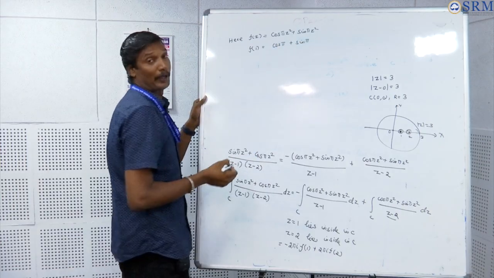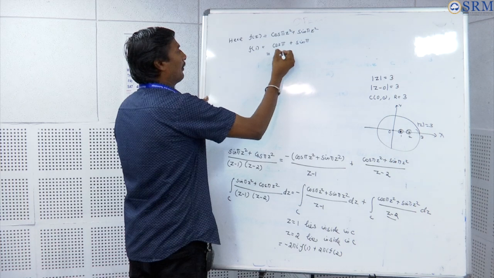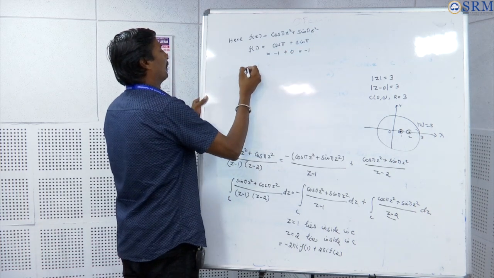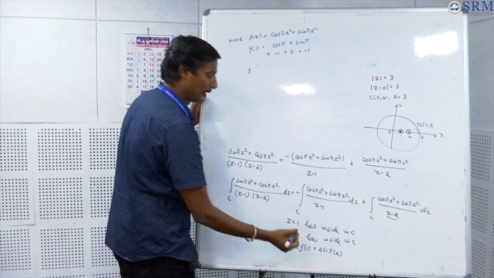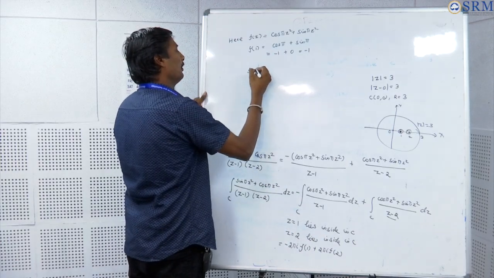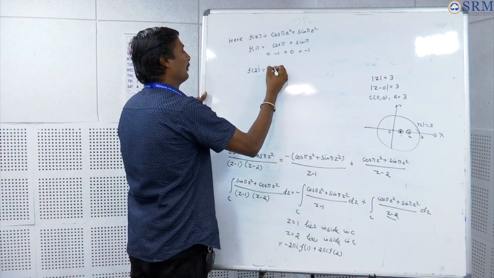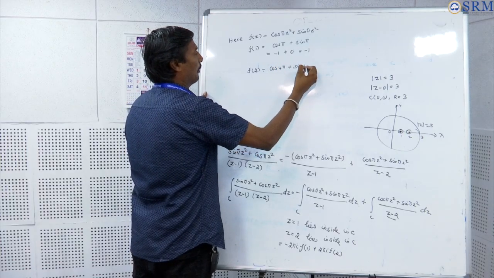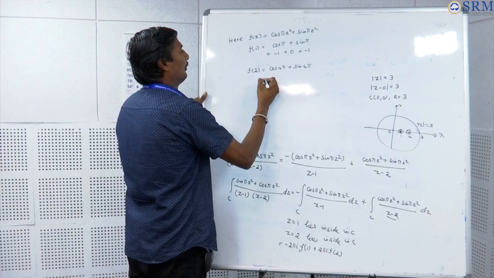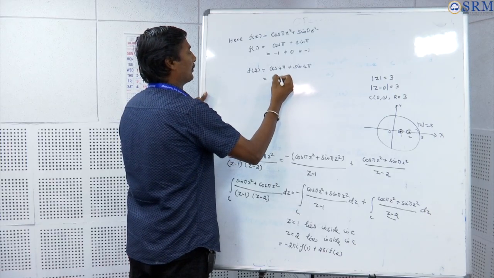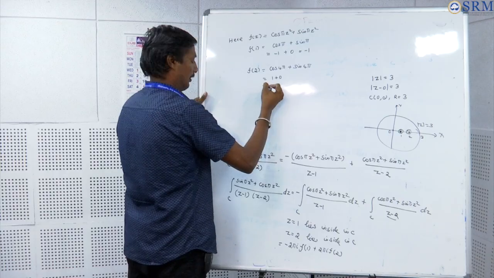We know that cos pi value is minus 1, sin pi value is 0. So I am getting minus 1. Next, we have to replace f of 2. Put z value 2. We get f of 2 equal to cos 4 pi plus sin 4 pi. Cos 4 pi value is 1 plus sin 4 pi is 0. So I am getting 1.